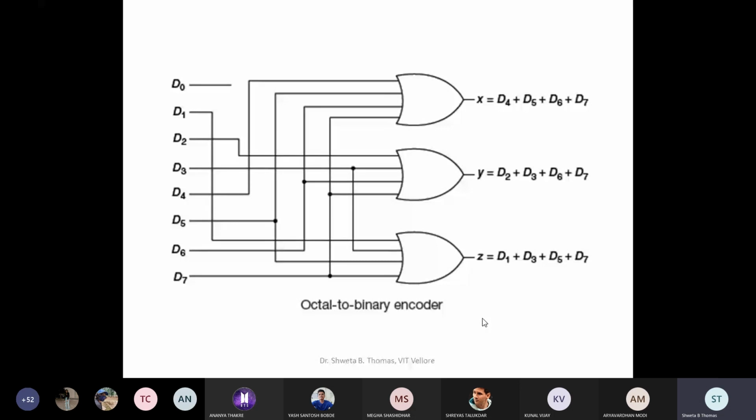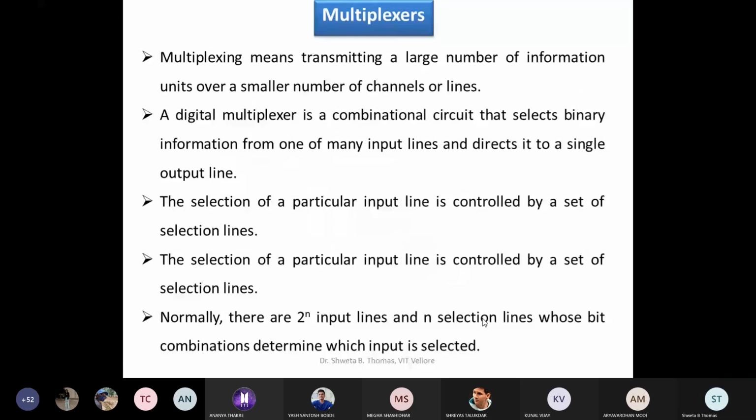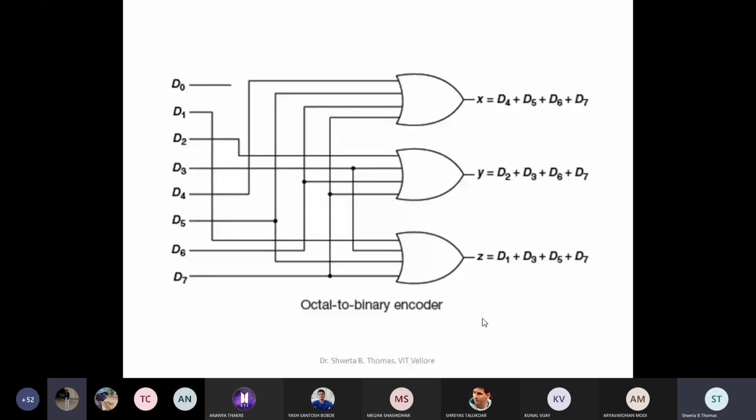No need to show me the truth table; only the logic diagram you need to develop. I want to see whether you are able to do it. Everyone should be comfortable with the logic diagram. Ma'am, no need for algorithms, right?